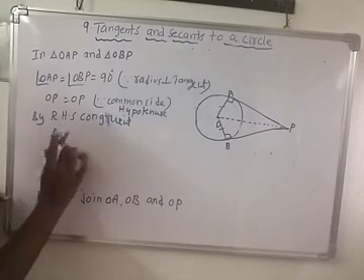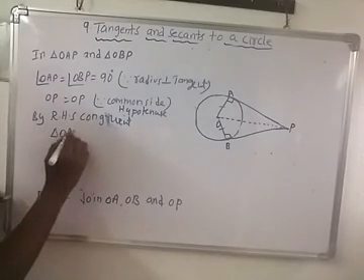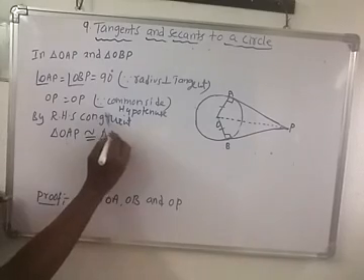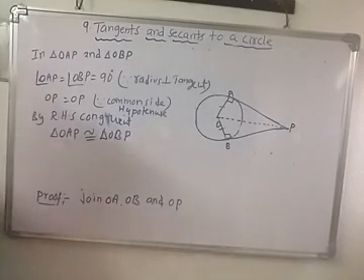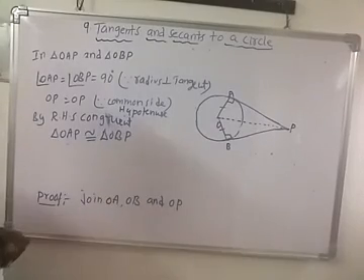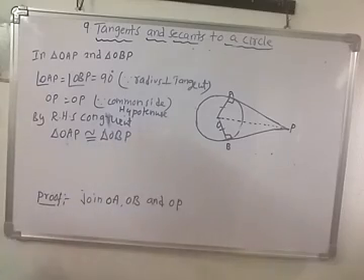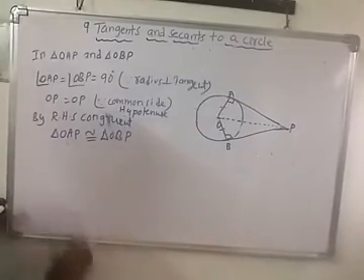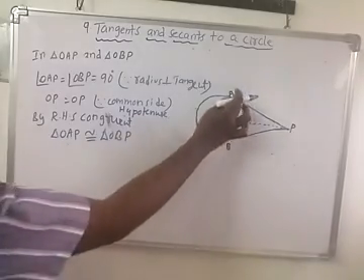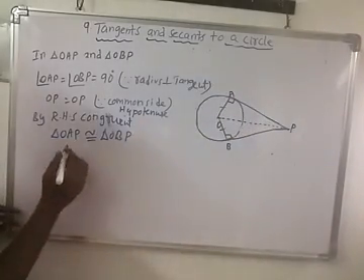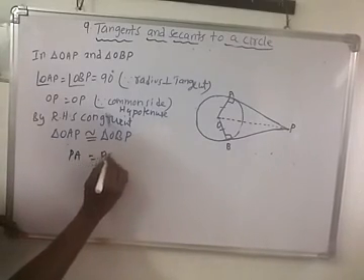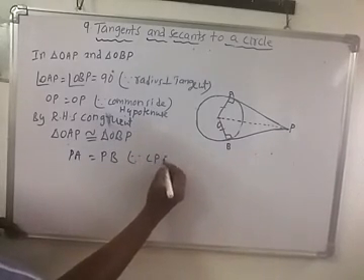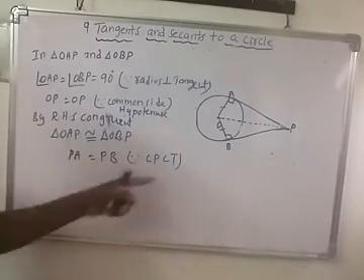Triangle OAP is congruent to triangle OBP. Now we know that if two triangles are congruent, then the corresponding parts are equal. Therefore AP is equal to PB, that is PA is equal to PB, because of CPCT, corresponding parts of congruent triangles.